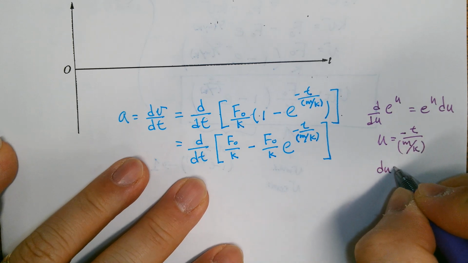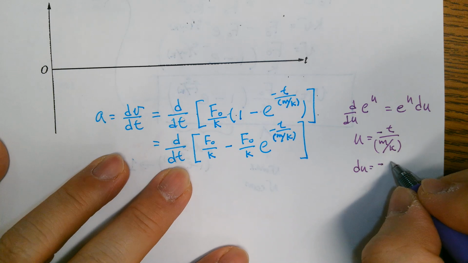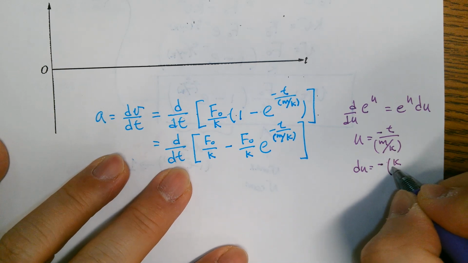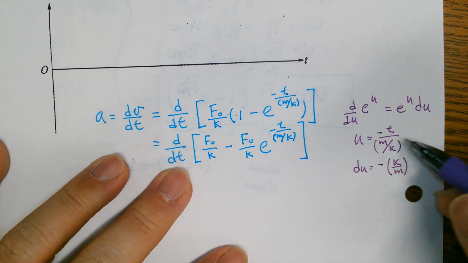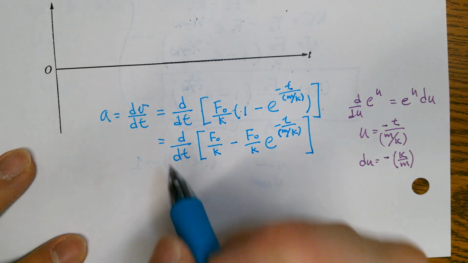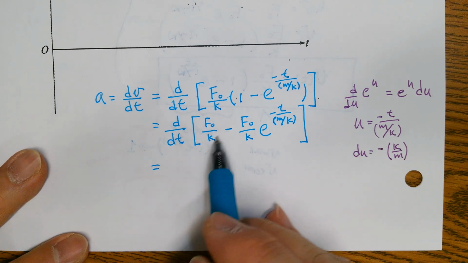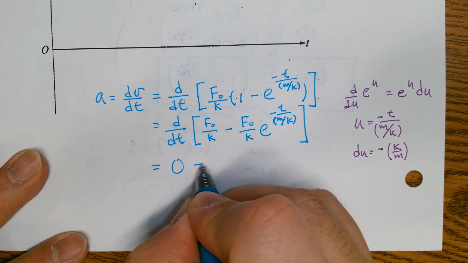Your du is equal to negative k over m. I flipped it because it's 1 over m over k. So when you take a derivative, this is a constant, so it goes to 0, minus.